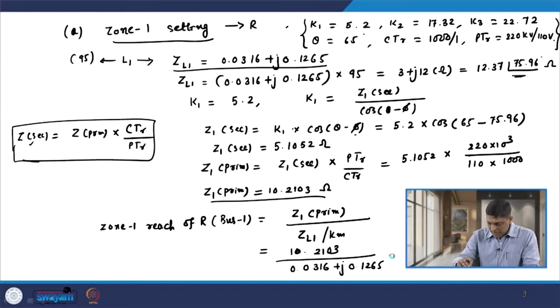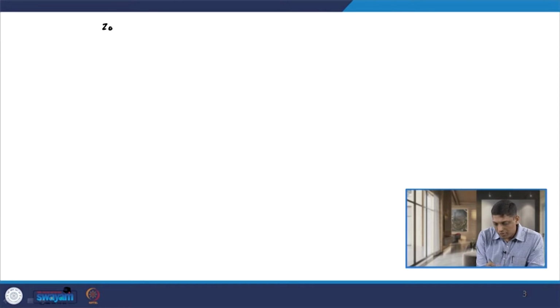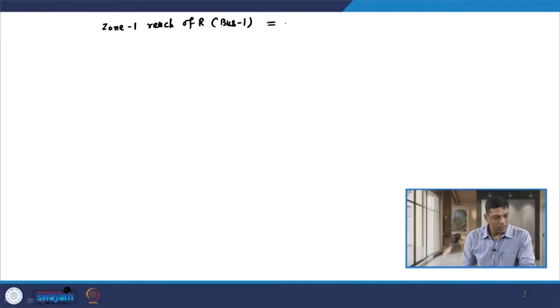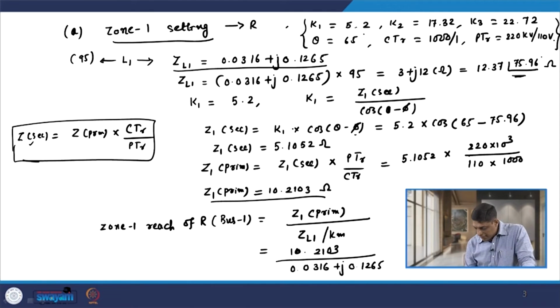If I solve this, the zone 1 reach of relay R from bus 1 comes out to be 78.54 kilometer. You can see that this value is in ohm, and this value is in ohm per kilometer, so you will get kilometer.